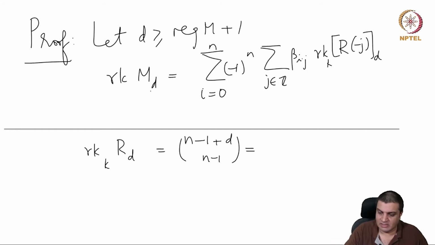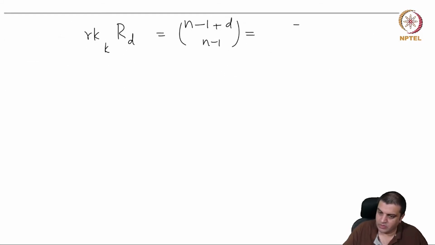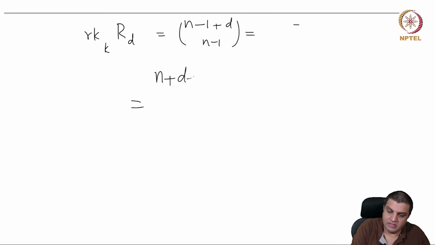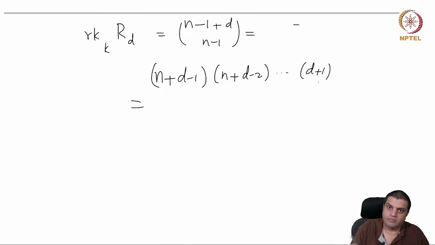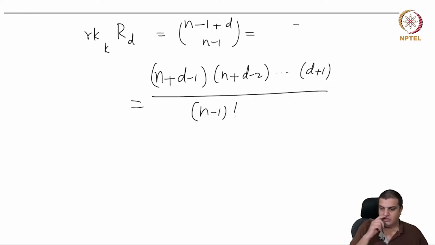So it is going to be (n + d - 1)(n + d - 2) all the way up to (d + 1), divided by (n - 1) factorial. Remember, this is that number factorial divided by this factorial times d factorial, and we have just removed the d factorial from here.